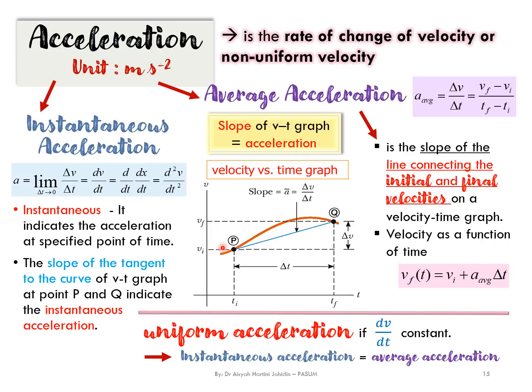For example, if you want to find the instantaneous acceleration at point P or point Q, we need to calculate the slope of the tangent to the curve. Similar to velocity, if the instantaneous acceleration is the same, it means that we have uniform acceleration.